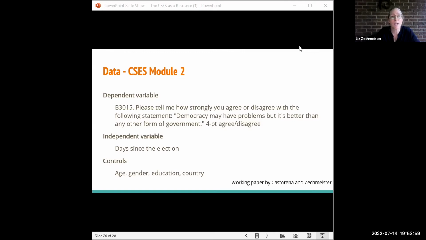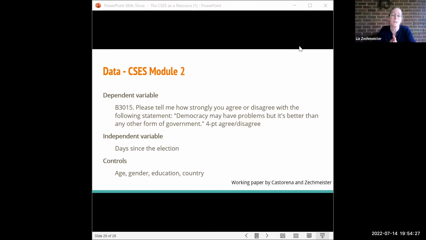If there is a bump to support for democracy provided by elections, then we should see that the levels of support for democracy in the data are higher the closer or more proximate one is to the election. And here we can take advantage of the fact that even though all CSES surveys are administered post-election, the timing varies.